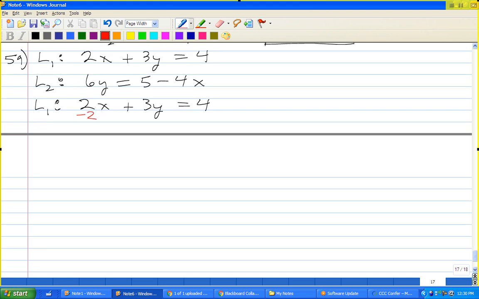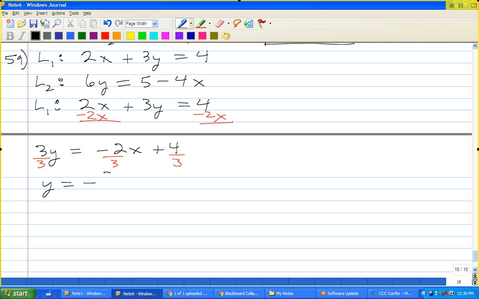So subtract 2x from both sides. So I get that 3y is equal to a negative 2x plus 4. Divide every term by 3 to solve for y. So y is equal to negative 2/3 x plus 4/3. And so that implies that the slope of the first line is a negative 2/3.